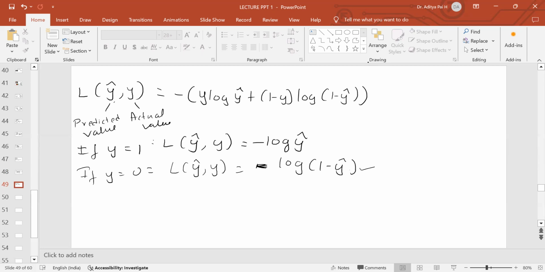If y is equal to 1, then your y hat should be large. For y equal to 0, your y hat should be small. So this is your loss function.